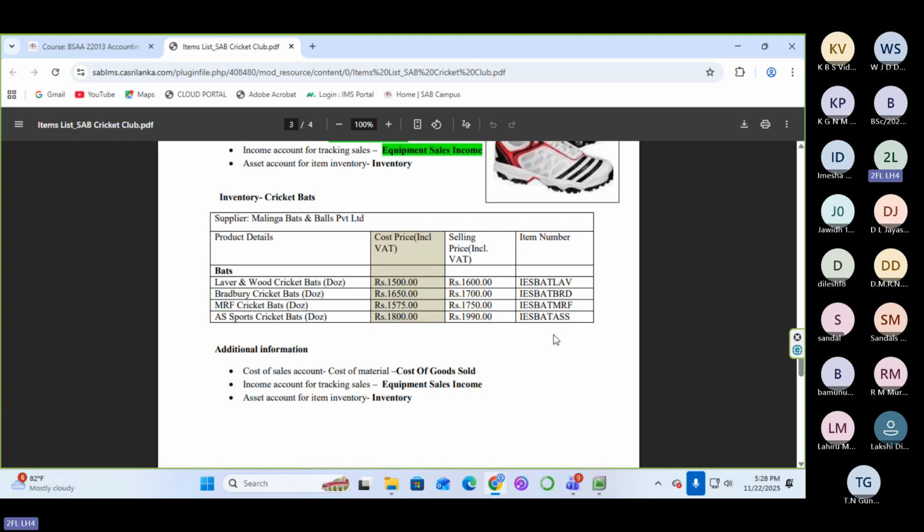And the buying unit of measure is DOZ, that is dozens. So how many units are there for a dozen? 12 units. Therefore, make sure you adjust that number, right?